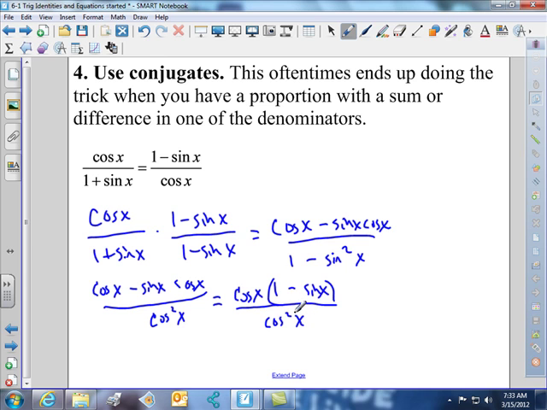This cosine cancels one of those out, and what we are left with is 1 minus the sine of x over the cosine of x, which is exactly what we are trying to shoot for. Okay.